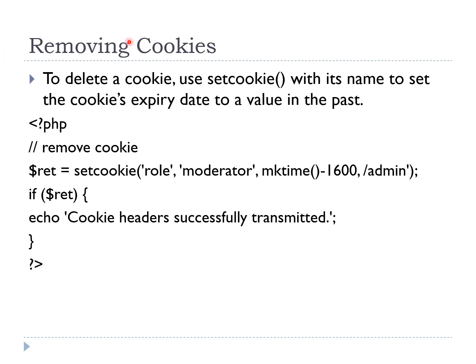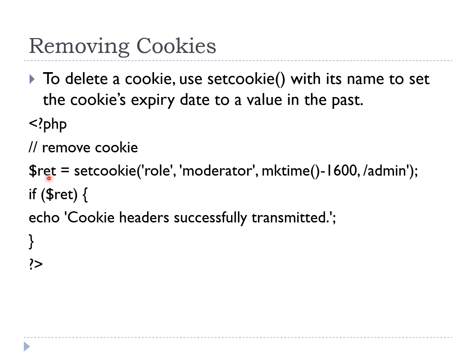Now let us see how we can remove cookies from a web application. To delete a cookie, use setcookie with its name to set the cookie's expiry date to a value in the past. So if you want to delete a cookie, we have to use the same setcookie function. The idea is that we set the cookie's expiry date to a value that has already passed.